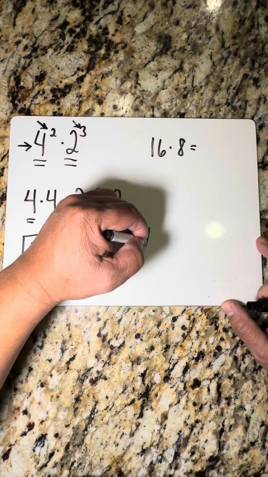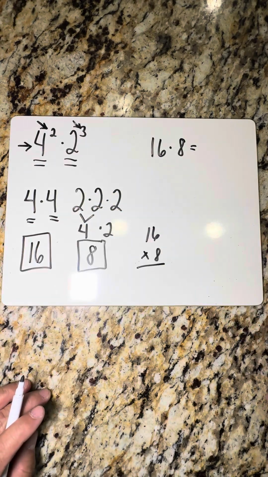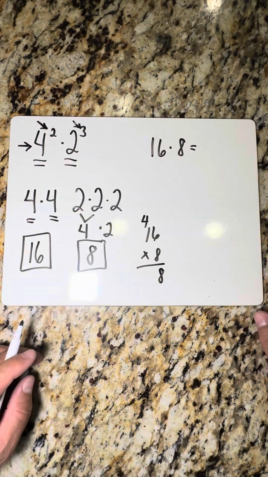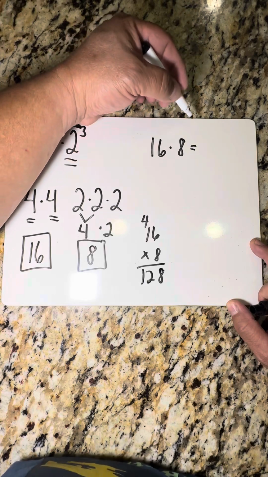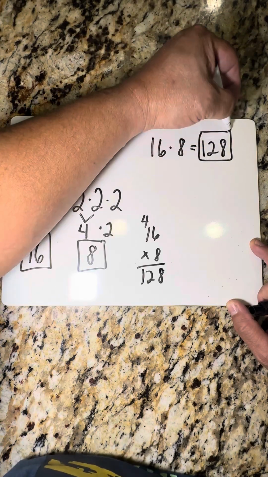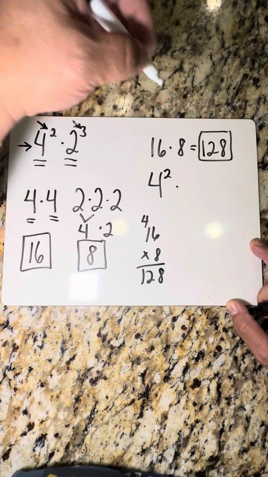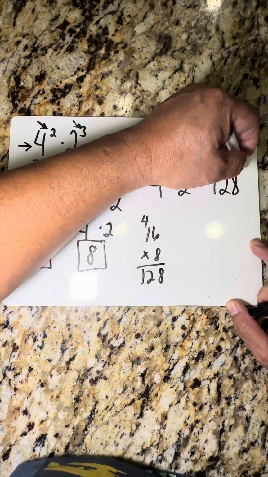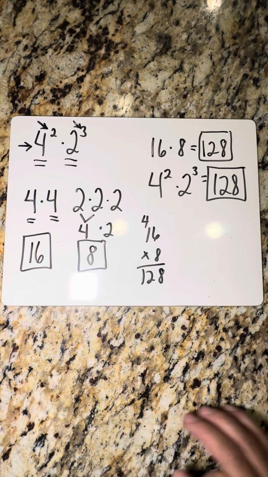For those of you who like to do math the old way, this is how it is. 6 times 8 is 48. Carry the 4 over. 1 times 8 is 8, plus 4 is 12. So 16 times 8 equals 128, which also means 4 to the second power times 2 to the third also equals 128.